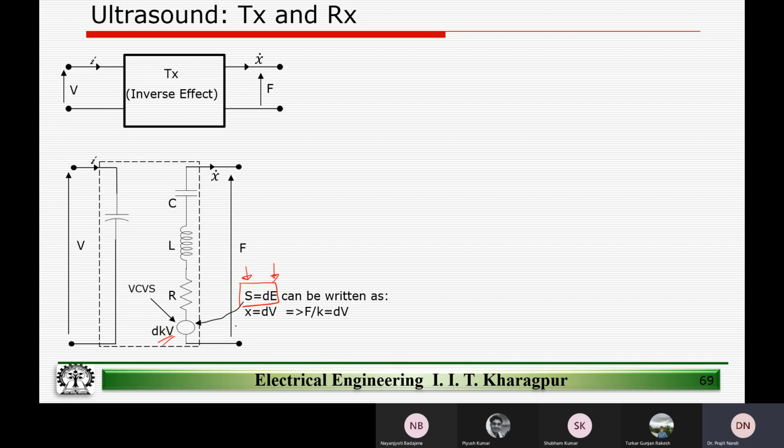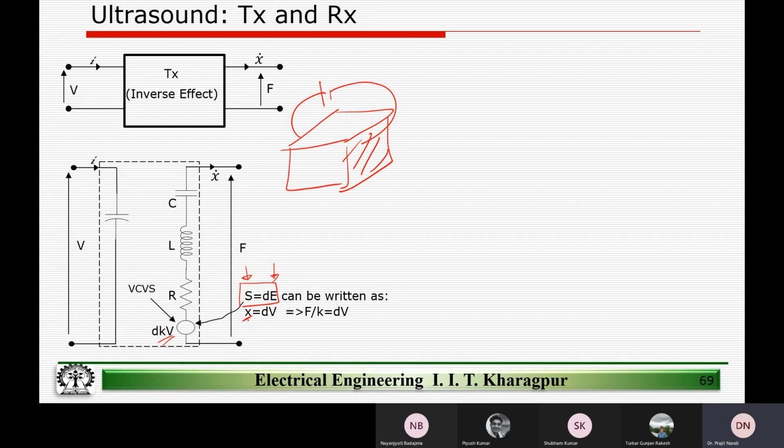So strain is nothing but X, the deformation that is happening over the length. If you remember, our crystal was like this, with length or thickness L, and let's say we are applying a voltage across these opposite faces of the crystal.